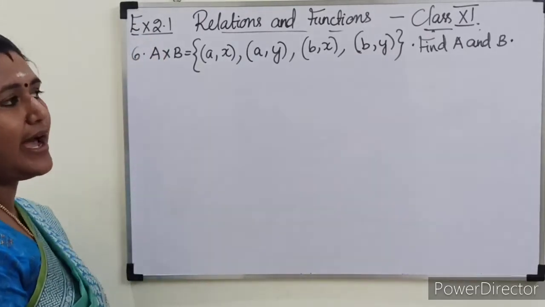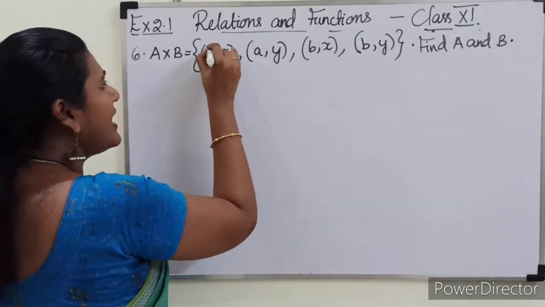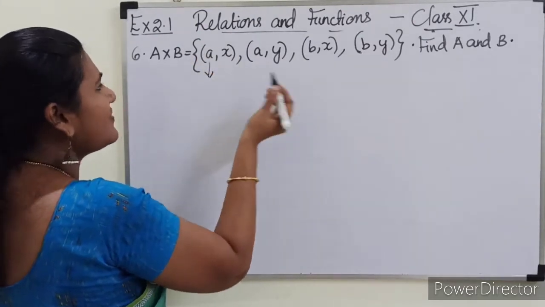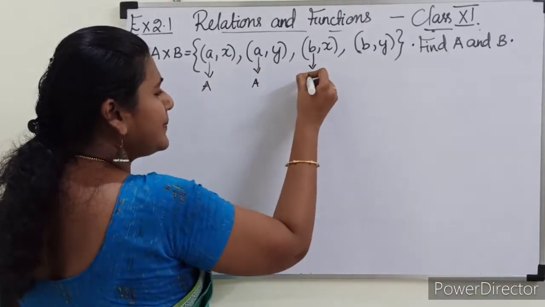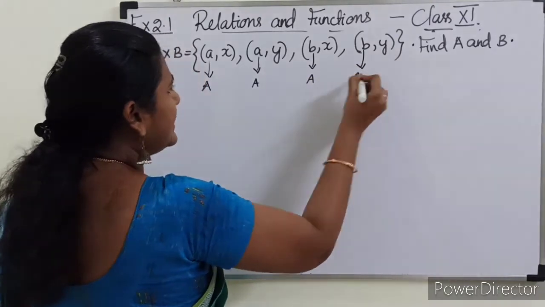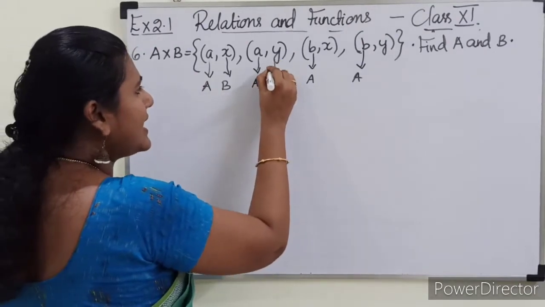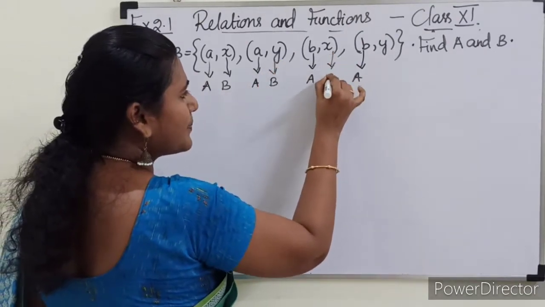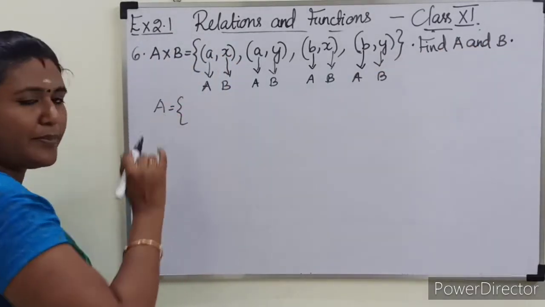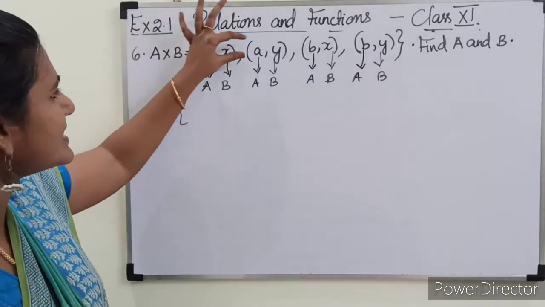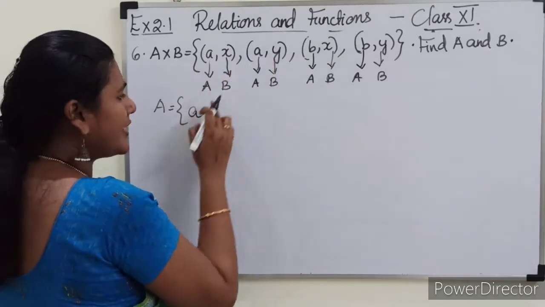Find sets A and B. You already know that in an ordered pair of A cross B, the first element is from the first set, that is A. So the first element in all the ordered pairs is from set A, and the second element is from the second set, here B. So now we can write the sets A and B. Set A will be the collection of all the first elements of the ordered pairs. So here you see A, and the next ordered pair also has A only.